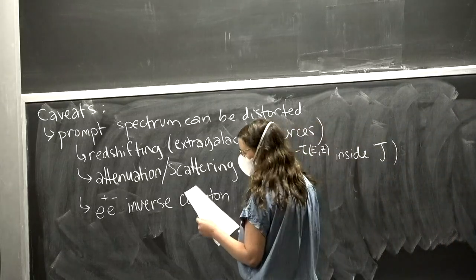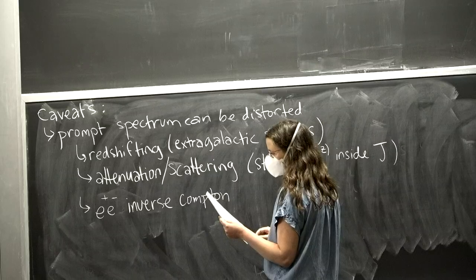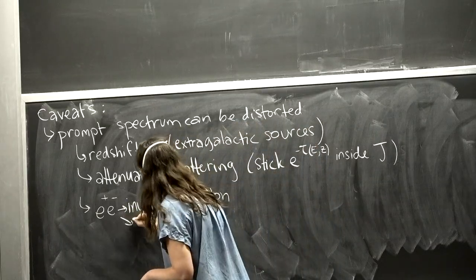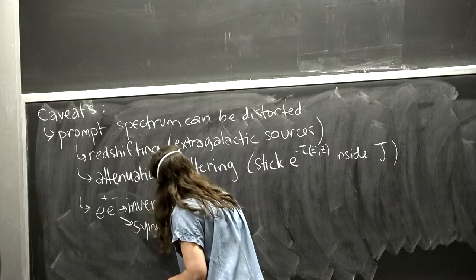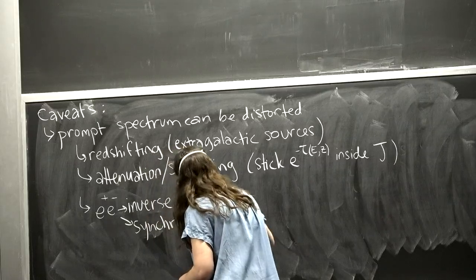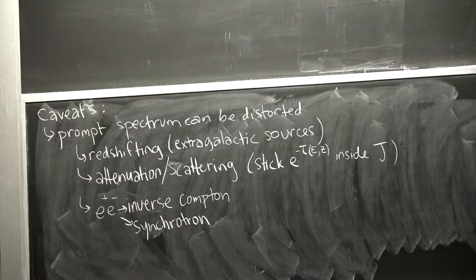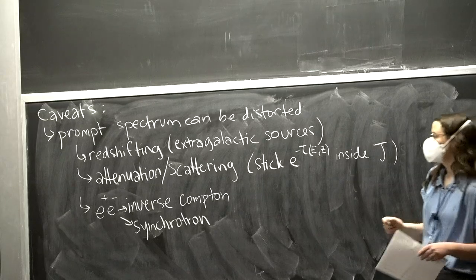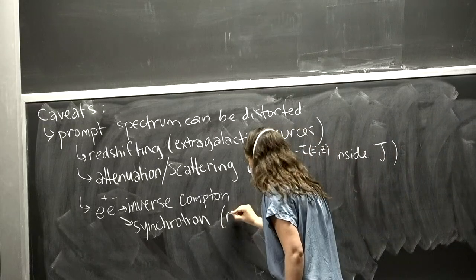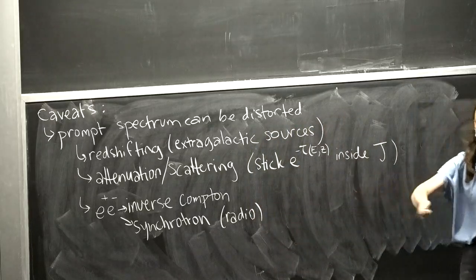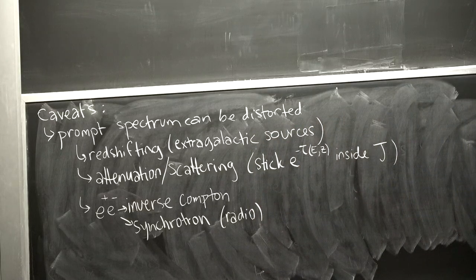And you can also have synchrotron radiation, because we know there's a B field in the galaxy. So this is usually relevant for radio. If you have relativistic electrons in a B field, they usually make radio photons. And this is kind of annoying to account for.